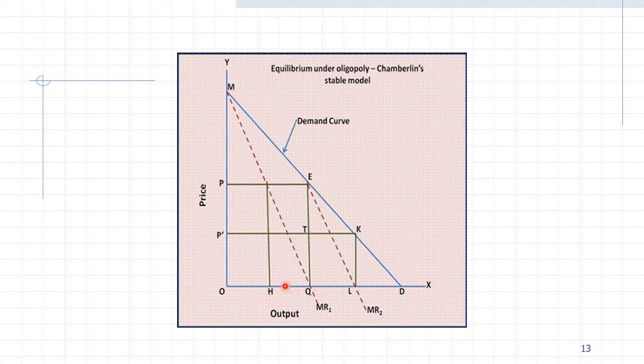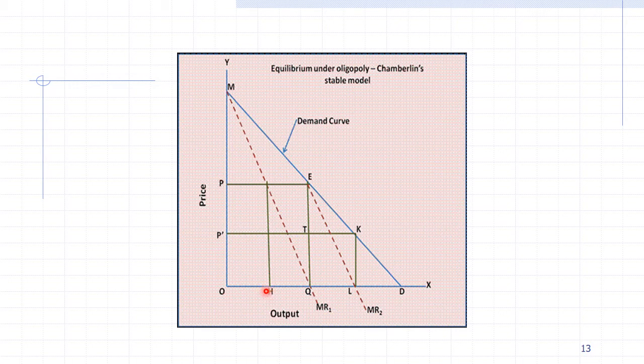Half of the QD means where the MR curve goes through this line. Because of that, he will produce QL. That portion, QL, will be produced by the second oligopolist, where the MR curve intersects the x-axis.